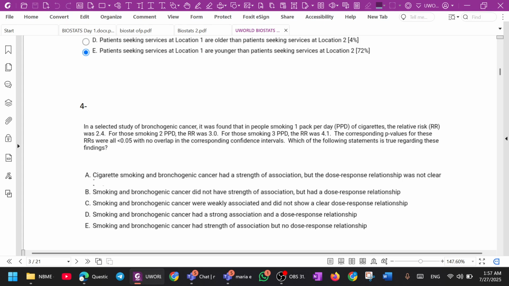For those smoking 3 packs per day, the relative risk was 4.1. The corresponding p-values for these relative risks were all less than 0.05, with no overlap in the corresponding confidence intervals. Which of the following statements is true regarding these findings?